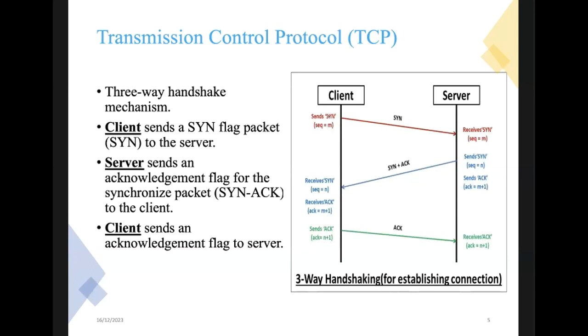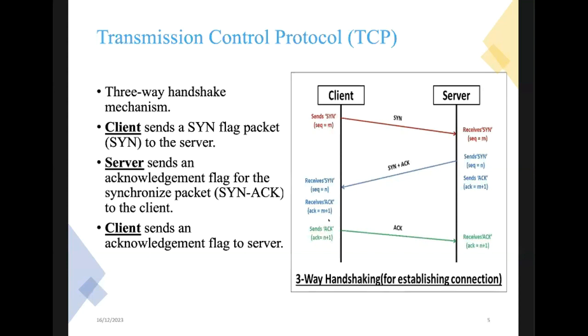First, the client sends a SYN message to the receiver, or server in this case, requesting to connect. Second, the receiver responds with both SYN and ACK. The SYN in this case means that the server is ready to connect and the acknowledgement confirms receiving the sender's previous SYN message.